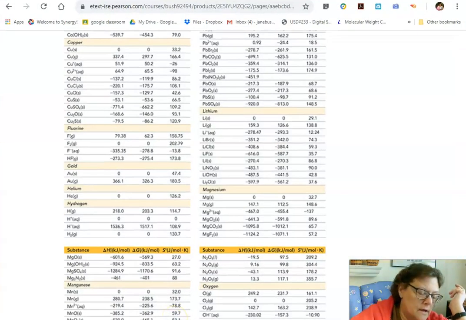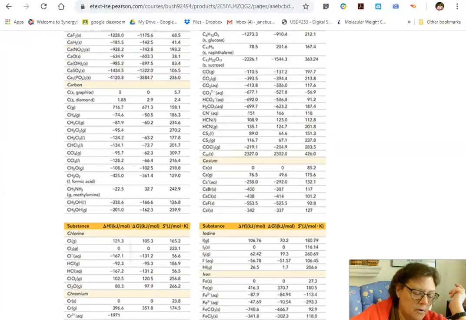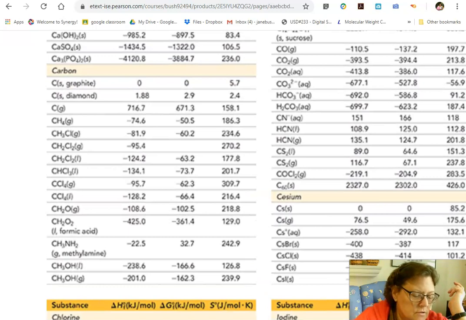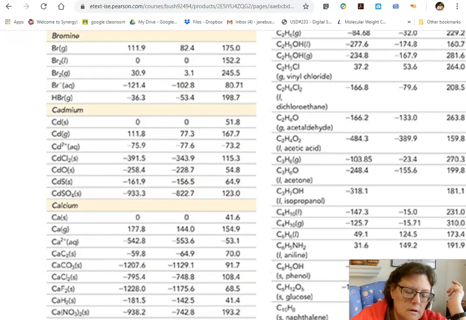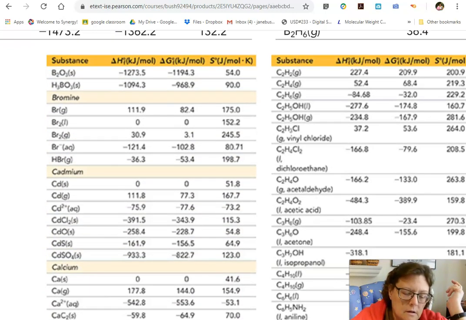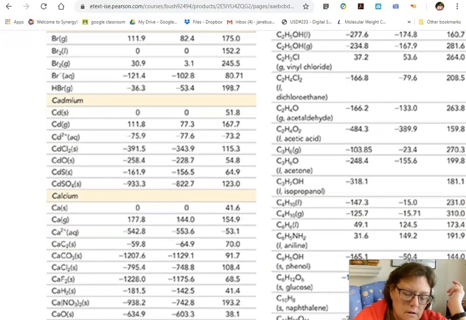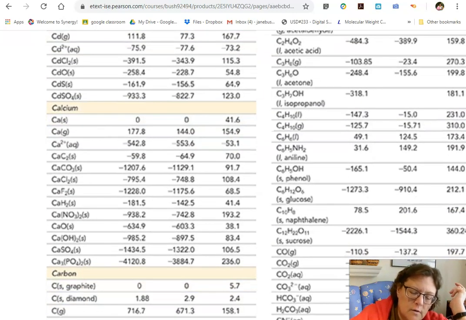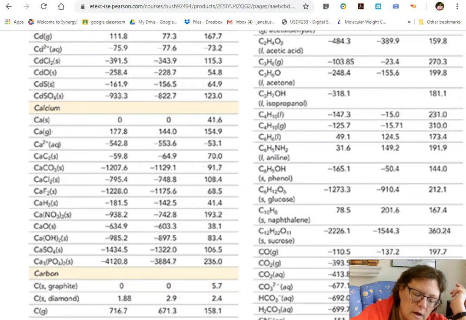And that starts with carbon, so we're going to come up here to carbon and look for glucose. Say 1206 right over here in the middle, 1273.3.